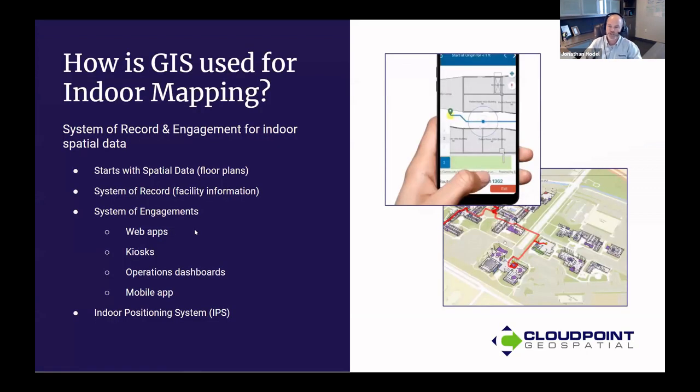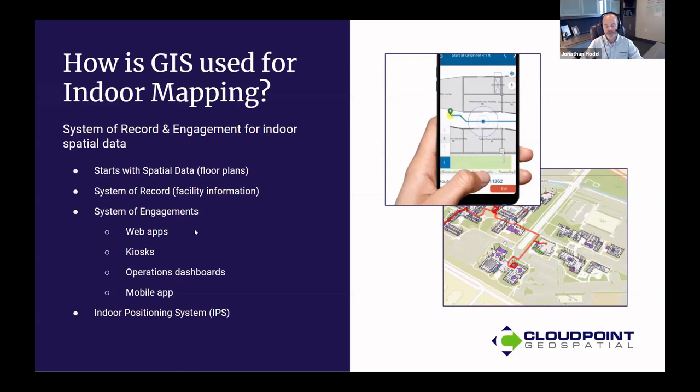So how is GIS used for indoor mapping on a high level? We've all probably heard of the system of record and system of engagement from Esri. And now there's the system of systems and all kinds of system of things. But for today, with the Indoors, we're going to start with spatial data, your floor plans. System of record might be your facility information.